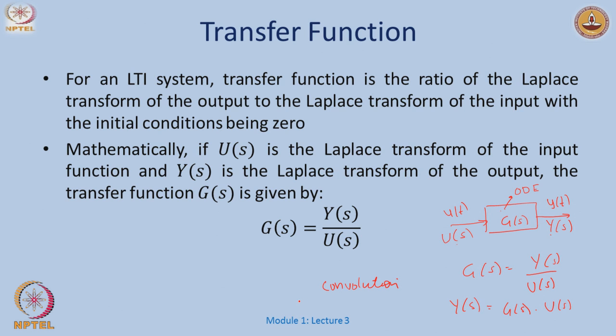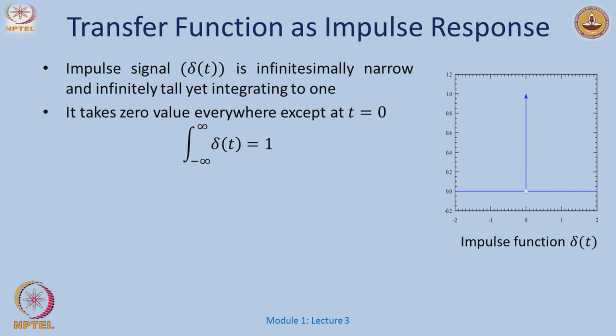Let us say y(t) is my output signal, g(t) is the system, and there is a convolution with the input. Now we get rid of these things, so this g(t) is replaced by G(s), and this G(s) is called the transfer function.